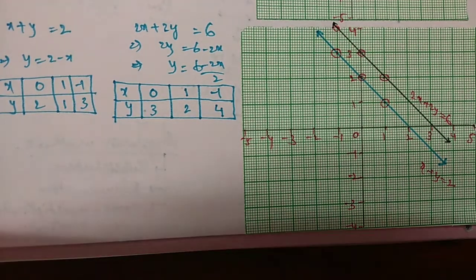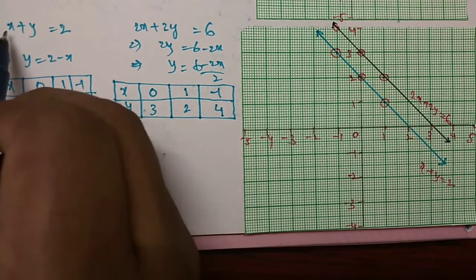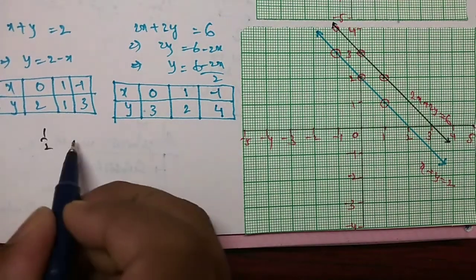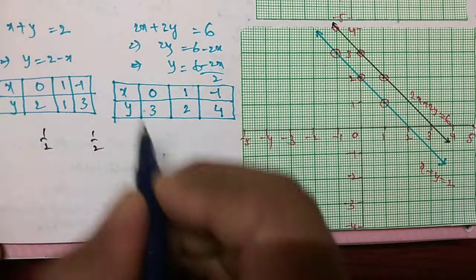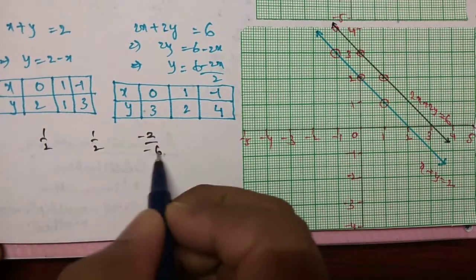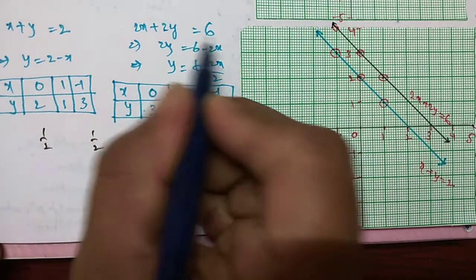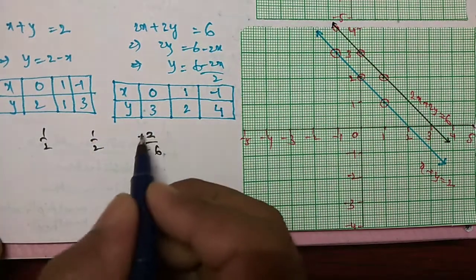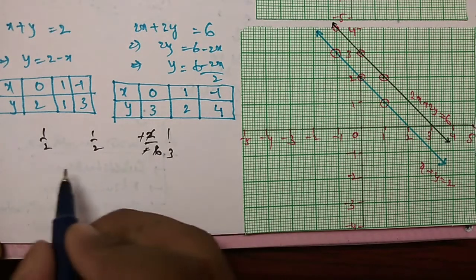So let us find the relation between the ratios of coefficients and the solution. Here it is 1 by 2. The next one is also 1 by 2. The next one is minus 2 by minus 6. We should write it in its standard form, so minus 2 equal to 0, minus 6 equal to 0. These two cancel, so this is 1 by 3.